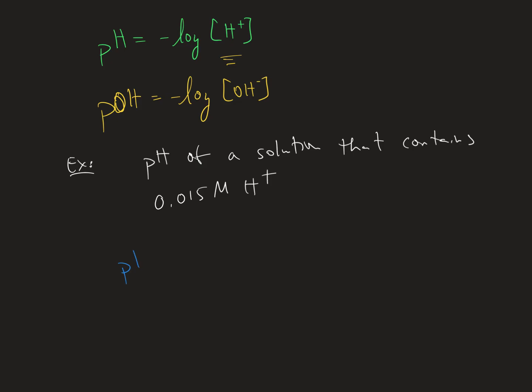So we're looking for pH, and that's equal to negative log of my hydrogen ion concentration, which is 0.015. So we type this in our calculator, and I want to make sure everybody can use their calculator and get the correct answer. We should get 1.824. And what are the units? No units. Woo-hoo.